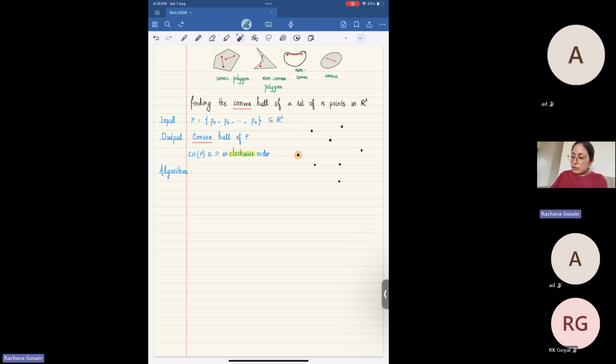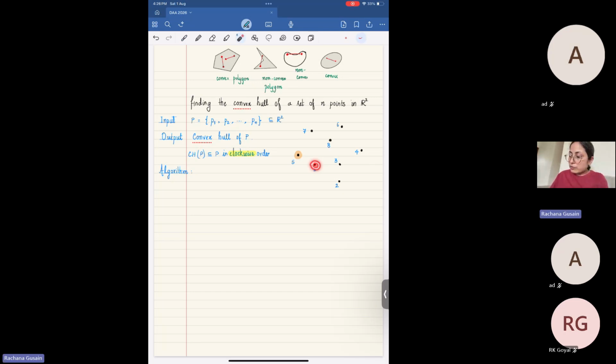Now, which of these points is the leftmost point? Let me just number these points. Let's say they are stored in an array. Let's say this is 1, 2, 3. So these points are stored in an array in this ordering. This is point number 1, then point 2, point 3, point 4, point 5, 6, 7, and 8.